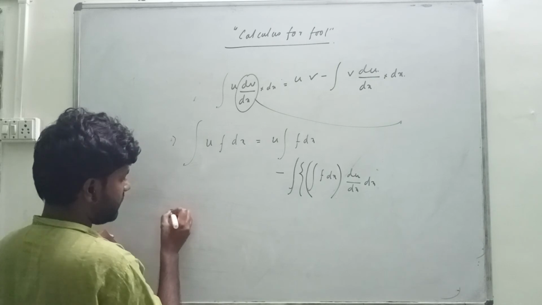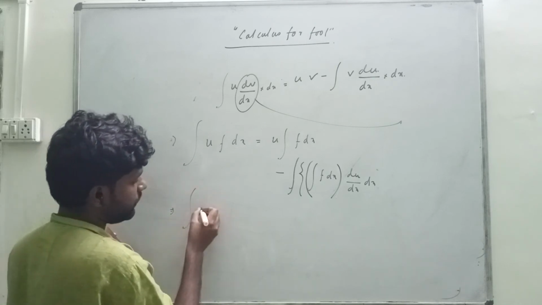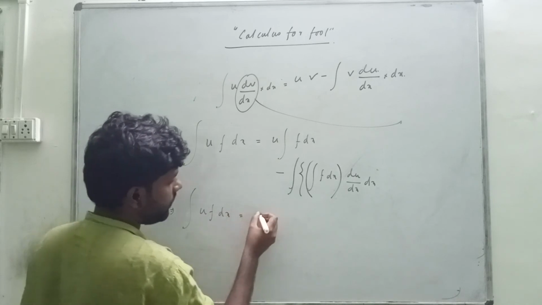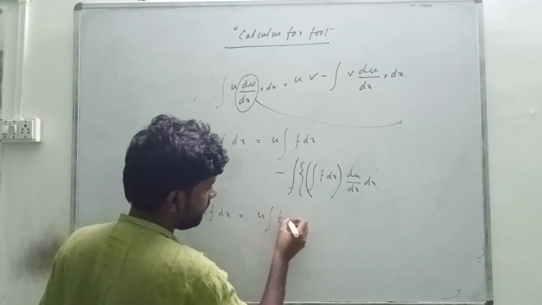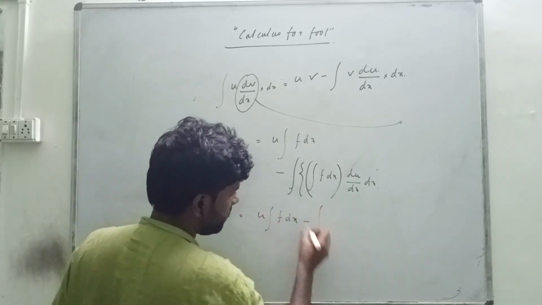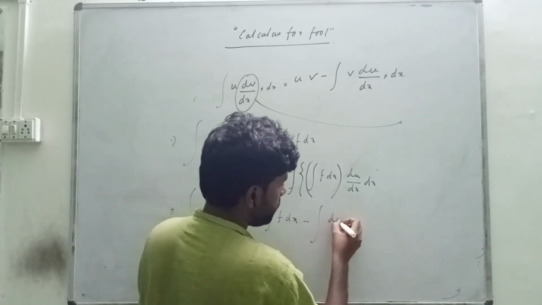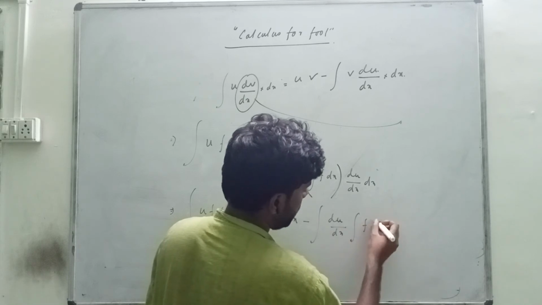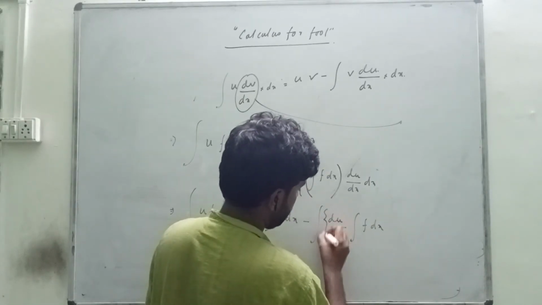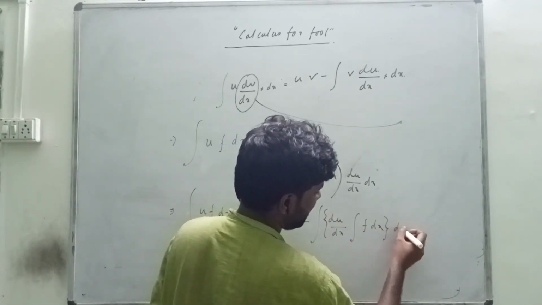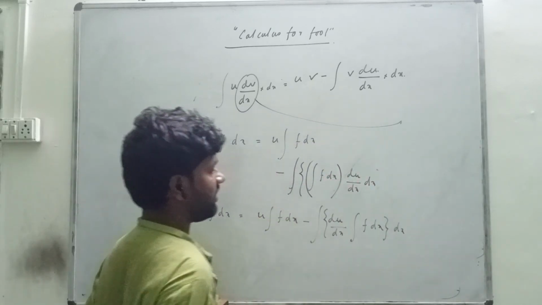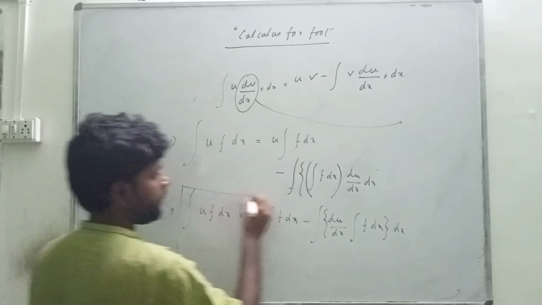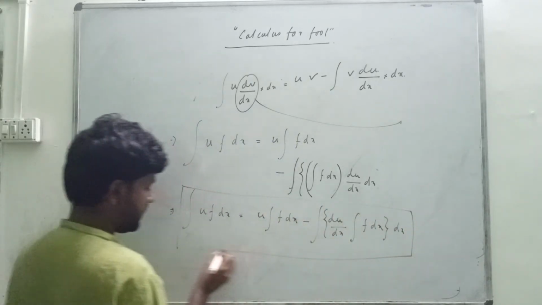And if I rearrange these things, the integral of u f dx equals u times the integral of f dx minus the integral of du over dx times the integral of f dx, dx. Just rearranged, it is our by parts formula of integrals.